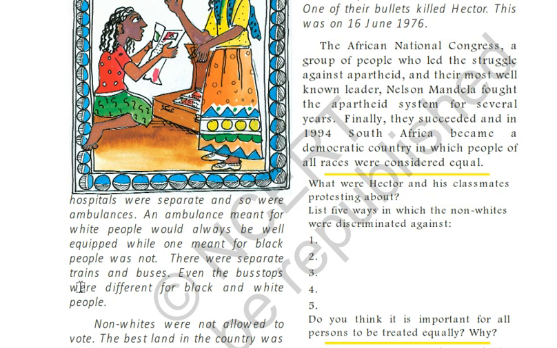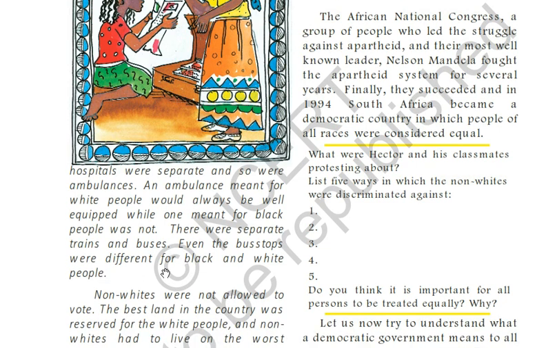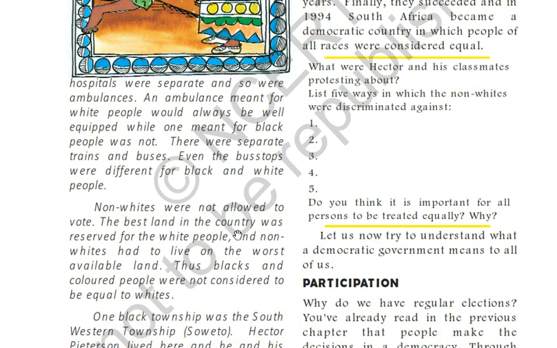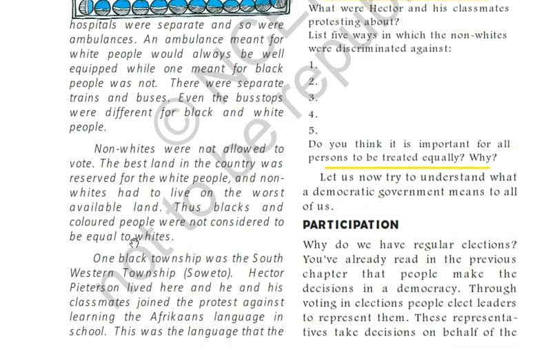And there were separate trains and buses. Even the bus stops were different for black and white people. Non-whites were not allowed to vote. The best land in the country was reserved for the white people, and non-whites had to live on the first available land. Thus, blacks and colored people were not considered to be equal to whites.